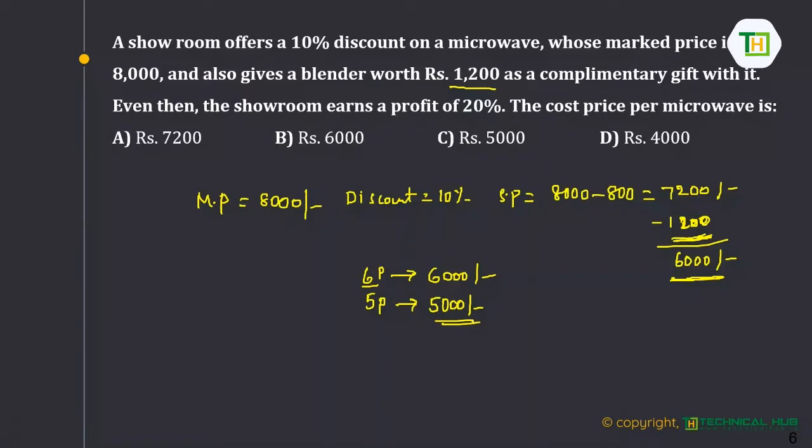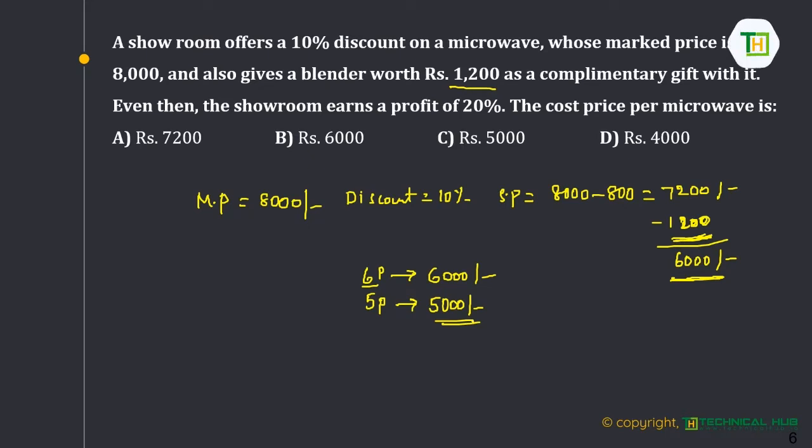Please try to understand here. Actually, the market price of the microwave is 8,000 and the shopkeeper gave the discount of 10%. That means now it becomes 7,200. Along with that microwave, they gave a gift worth 1,200 rupees. So that means now they are taking only 6,000 rupees for the microwave, because the remaining 1,200 is for the gift they have given.